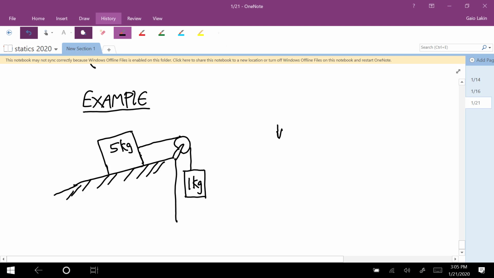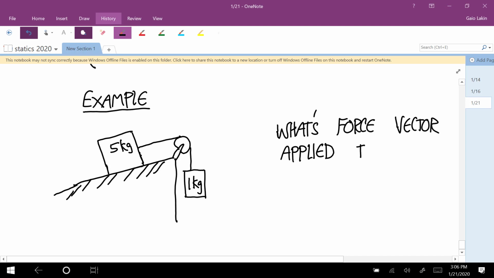And we want to know what's the force vector that's applied to the 5 kilogram cart by the ramp.